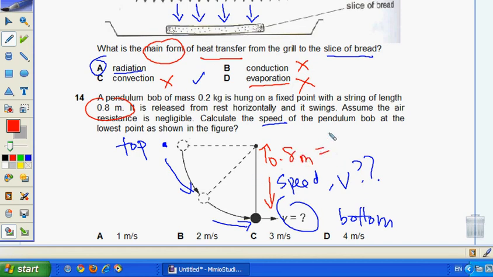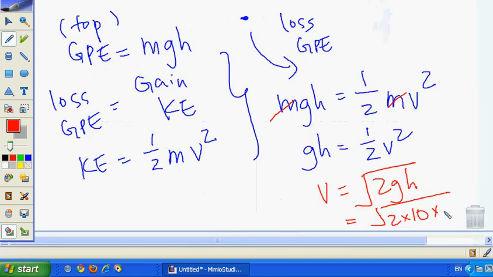Height is 0.8, so I must multiply by 0.8. If I press my calculator, I get 2 times 10 times 0.8, which is 16, square root of 16.